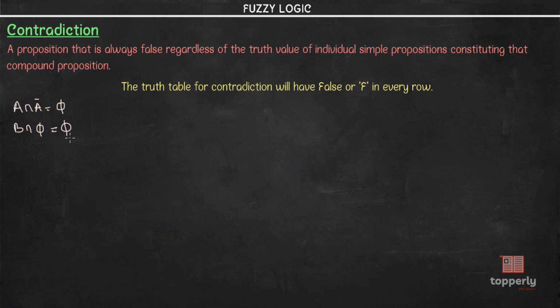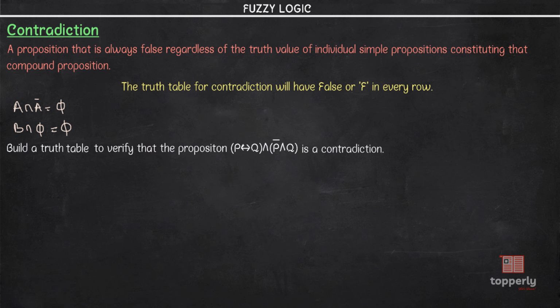So let's take an example to prove a given proposition is a contradiction. The question given here is to build a truth table to verify that the proposition P equivalent Q conjunction P bar conjunction Q is a contradiction. So let's take the truth table.